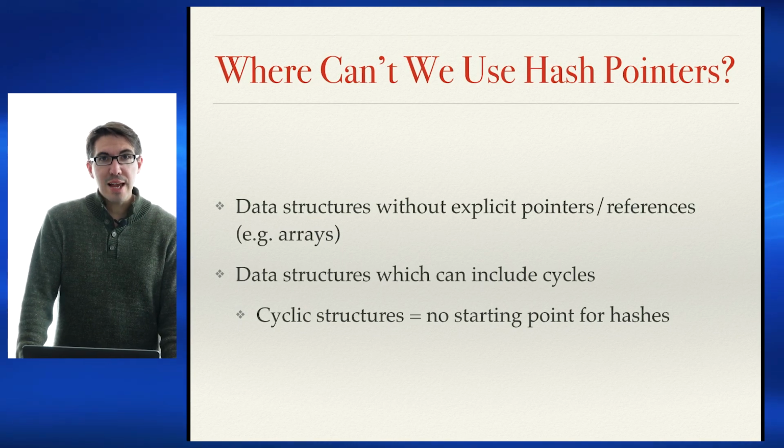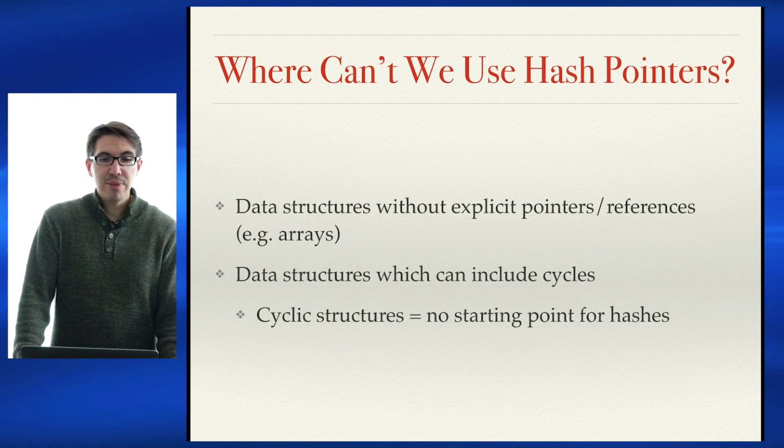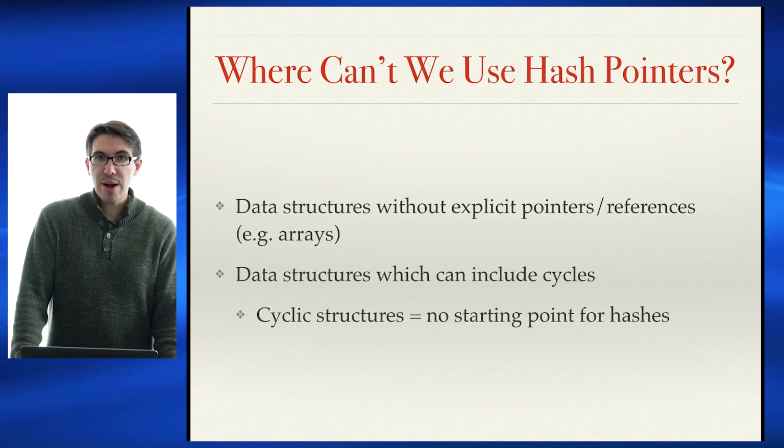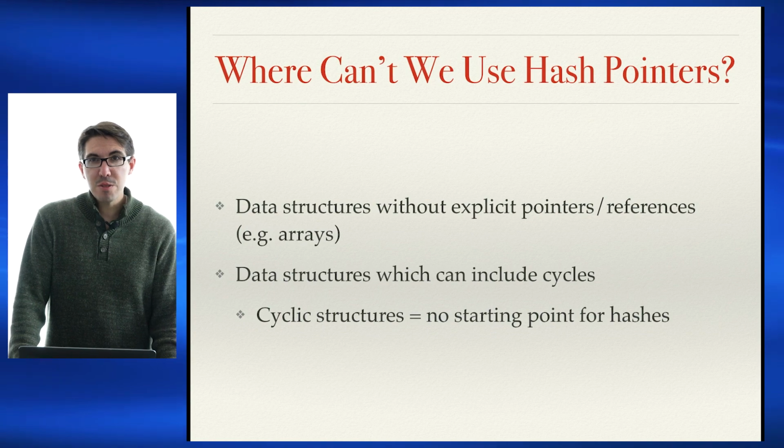If there is a cycle in the data structure, so something like a cyclic graph, then there's no starting point for hashes. They all have to depend upon each other. There needs to be some specific starting point. So trees that have a root, linked lists which have a head, all of these have some starting point for hashes.